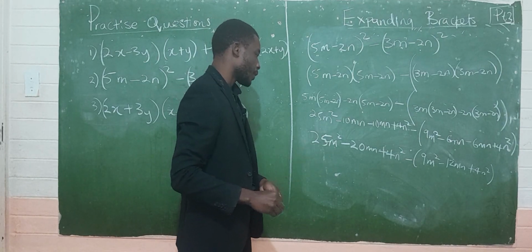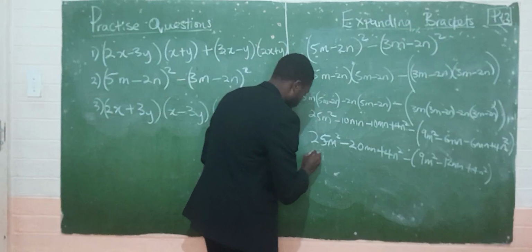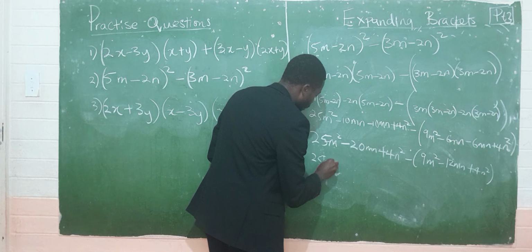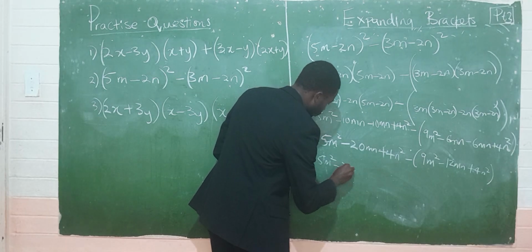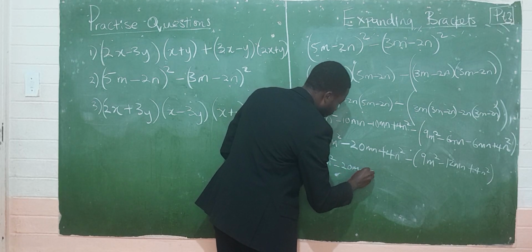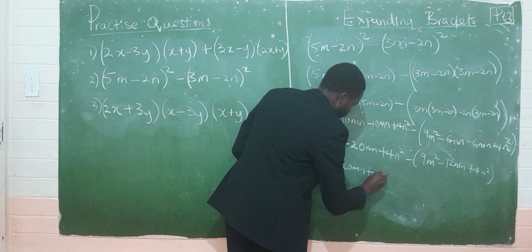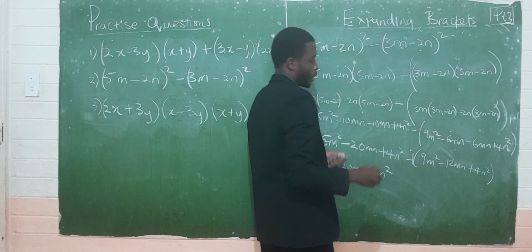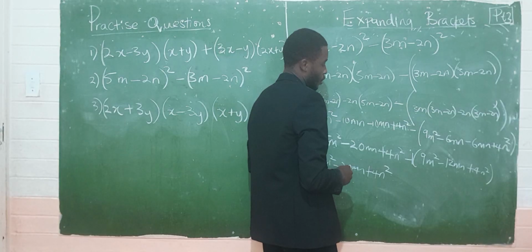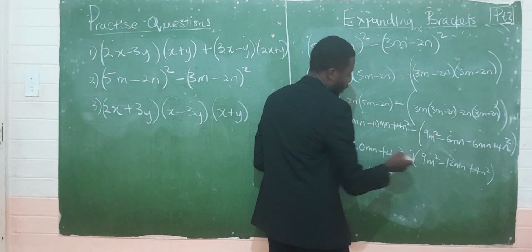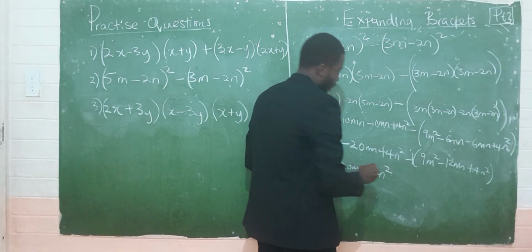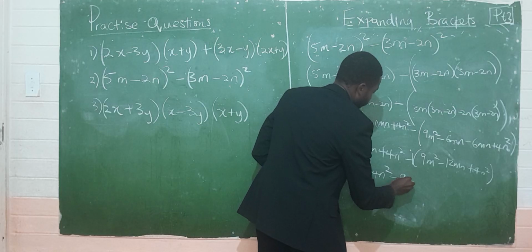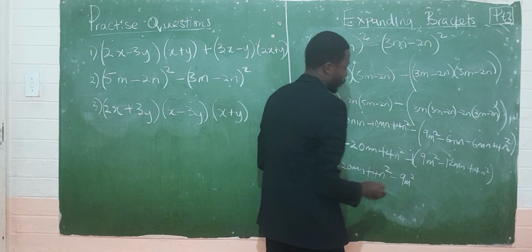Let's go ahead and remove the brackets, and I still have the 25m squared minus 20mn plus 4n squared. Now remember, you can put a 1 if you're confused, but this will be negative 1 times 9m squared, which gives me negative 9m squared.